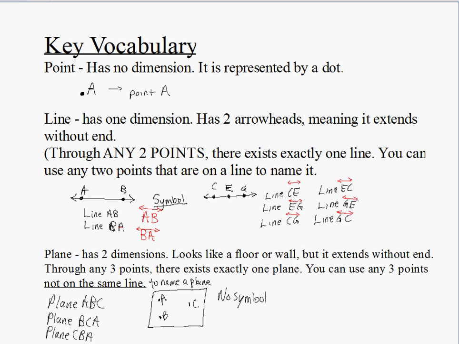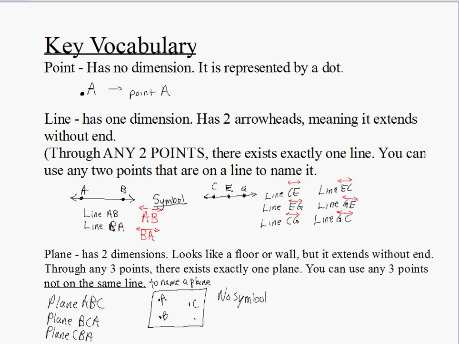Here are 3 points, A, B, and C. As long as you're naming 3 points that don't lie on the same line, you can use those points to name this flat surface. Sometimes a plane will have a letter in the corner somewhere.